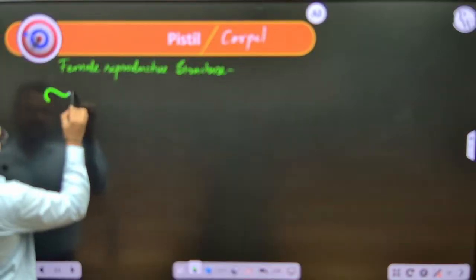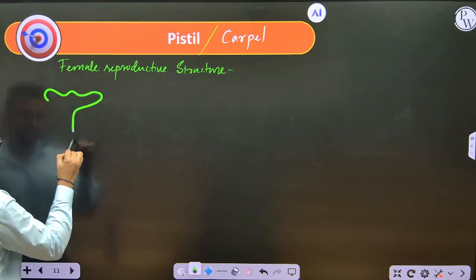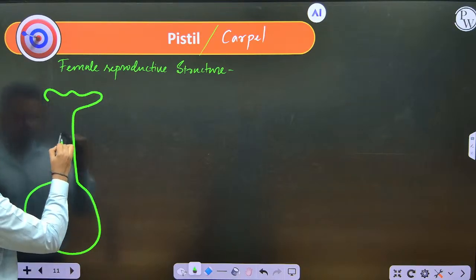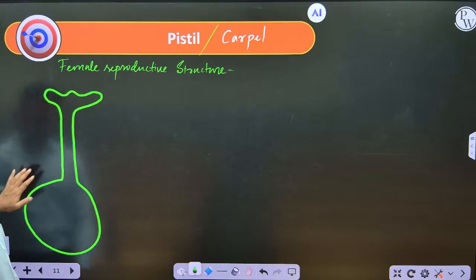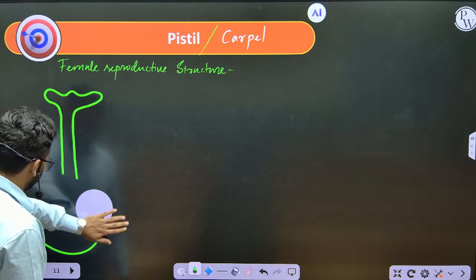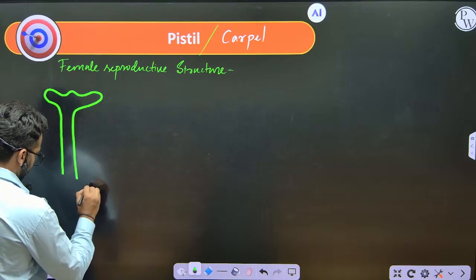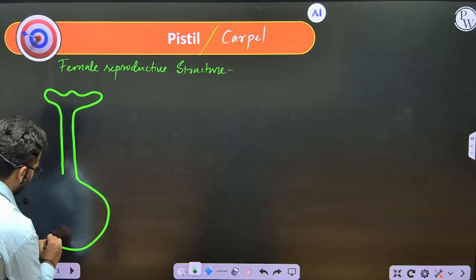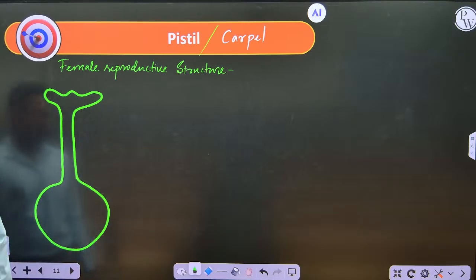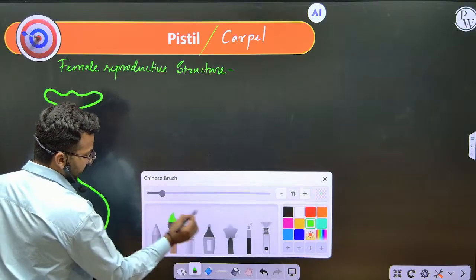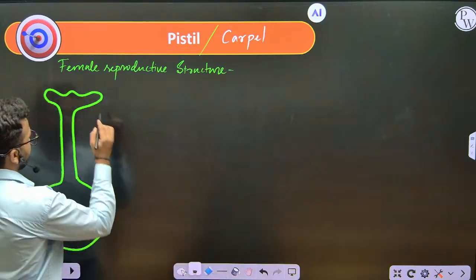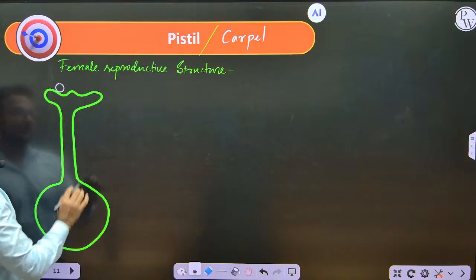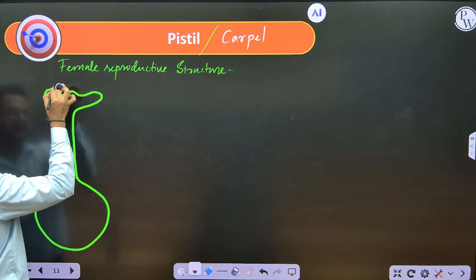If you take drawing the pistil here, it is the pistil or the carpel, and the parts here: the landing surface is there. Here the pollen grain will come and land. The pollen grain will come and land on this surface.